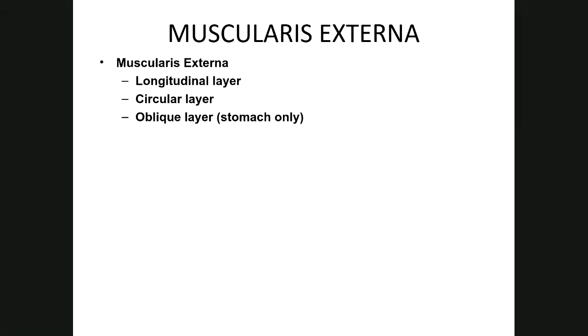Let's look at the muscularis externa. This is smooth muscle, and so this is what's going to push the foodstuffs along. Well, there are different layers of it, and the muscle cells, remember they look like canoes or kayaks. They're oriented in different directions.